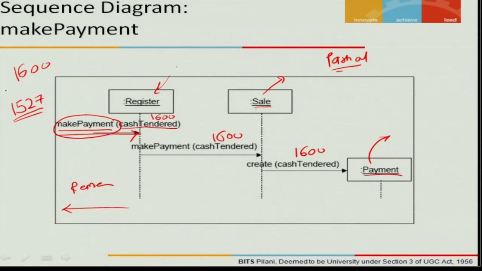So 1600 minus 1527, whatever the remaining amount is, that will be displayed as the outcome from the register. So in this way we can show how different objects interact with each other.